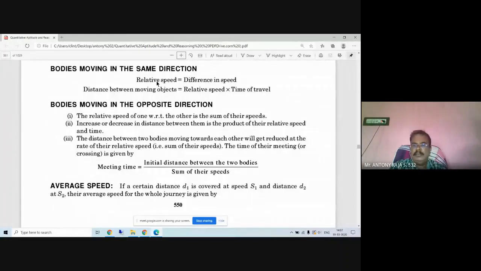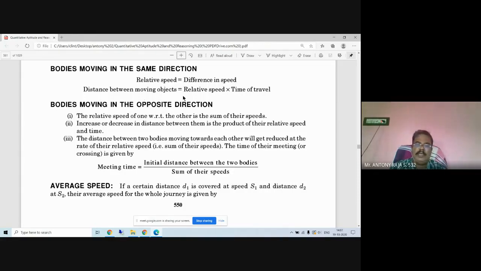Relative speed: the difference in speed is the relative speed. This relative speed is important. This term is actually given in the physics subject also. In engineering, relative speed is important. Relative speed means relative velocity. In aerospace also, this relative velocity term is very, very important.